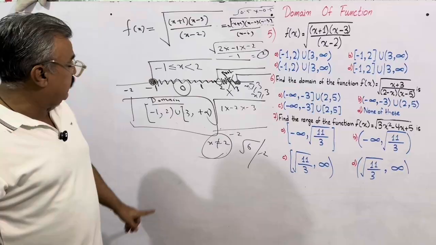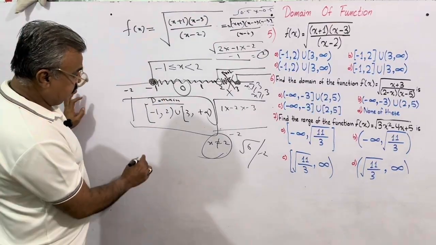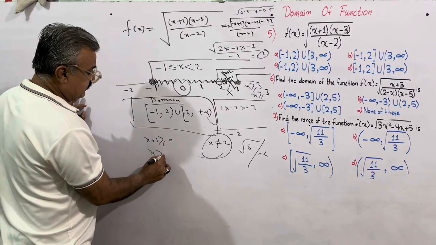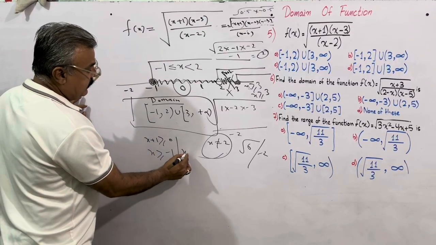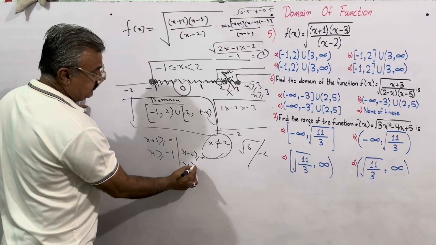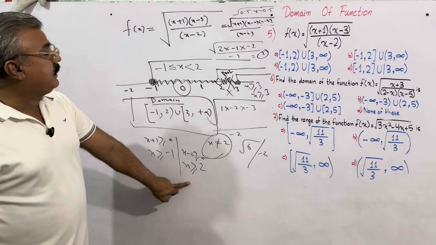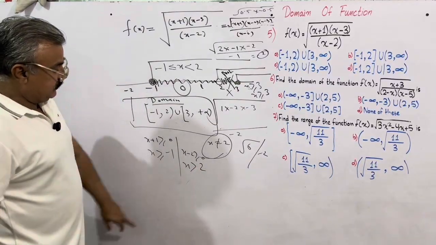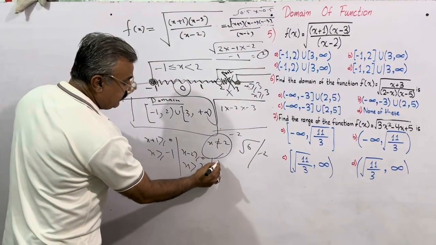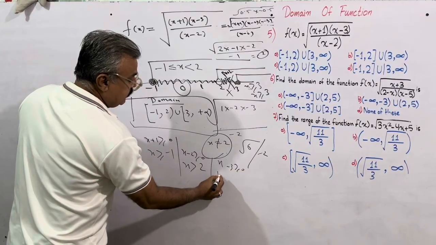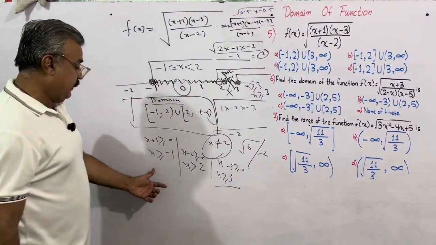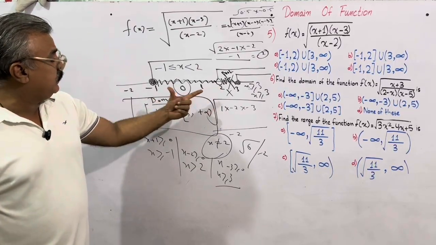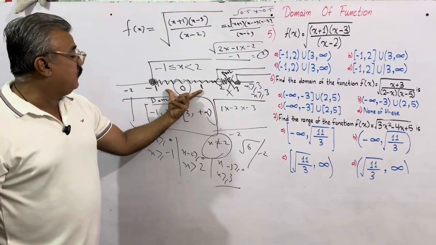For this x plus 1, I have taken x greater than or equal to minus 1. X minus 2 is greater than or equal to 0 means x is greater than or equal to 2. But taking care of the denominator, I surrender x is equal to 2. Then for x minus 3 greater than or equal to 0, I have taken x greater than or equal to 3. Then I have checked from minus 1 to 2, excluding 2, all these give a real valued function in the square root.